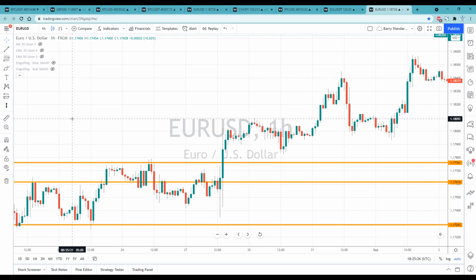Now, the reason we use charts, whether they're line charts, bar charts, or candlestick charts, is the beginning part of getting the price in a graphic formation, so our brains can see that price and interpret it.